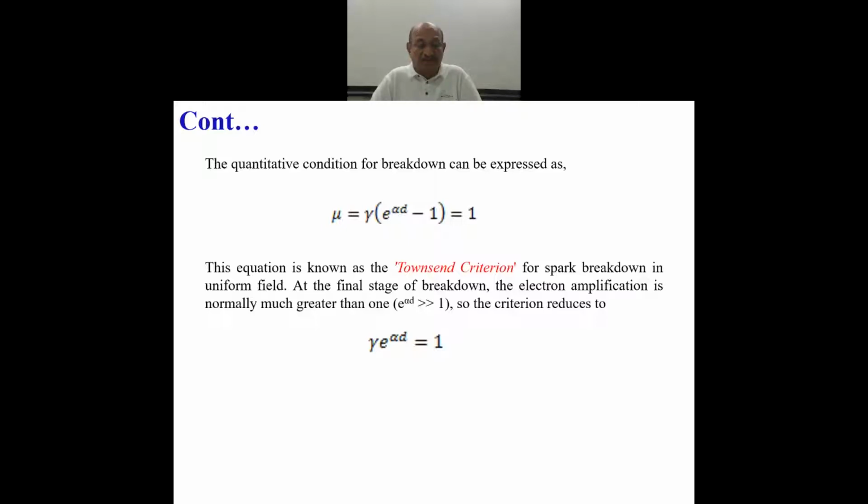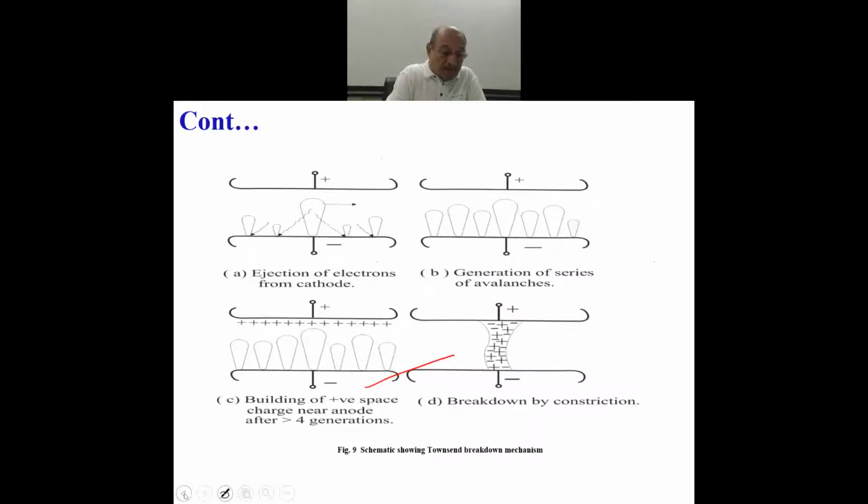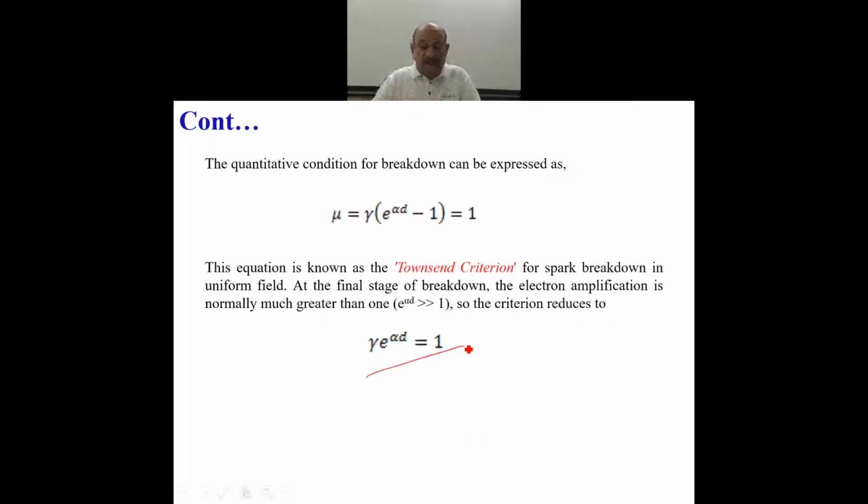In the last lecture, we talked about Townsend's theory and the breakdown mechanism given by Townsend, and the criterion for a breakdown mechanism Townsend derived. It was gamma e to the power of alpha d. When this is equal to 1, this is given as the criterion for the breakdown mechanism given by Townsend.